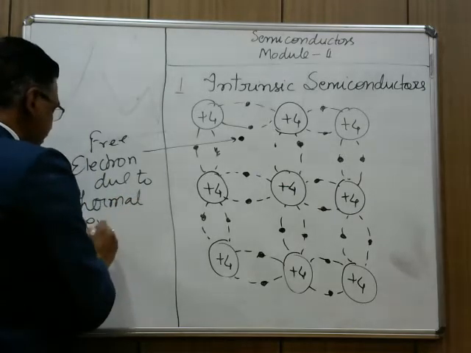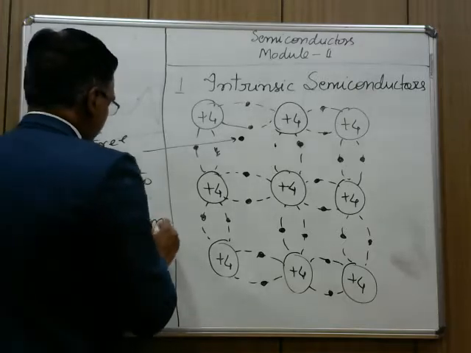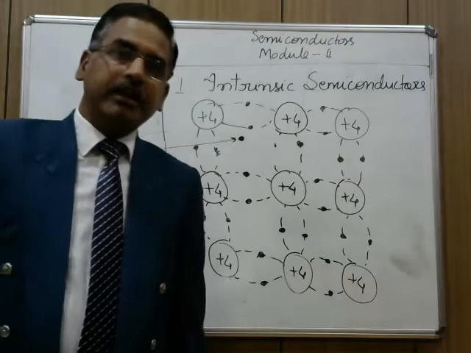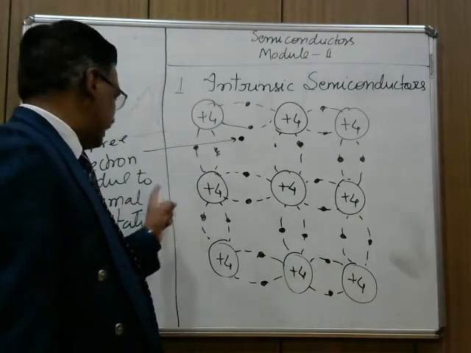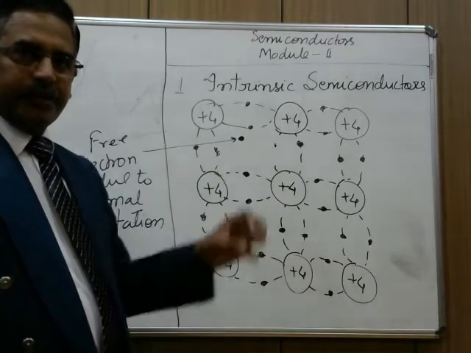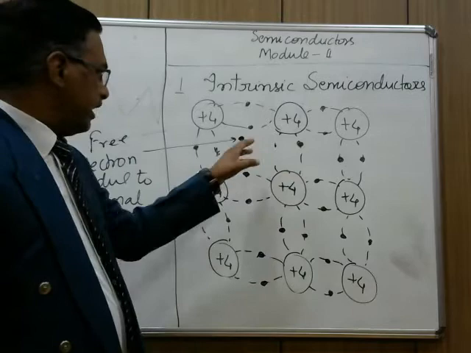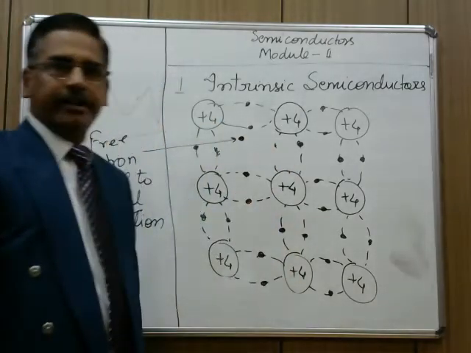Thermal excitation means gaining the heat energy present in the surroundings. So this electron gains sufficient energy, breaks away from the covalent bond and comes out. Now here, a vacancy of electron is created.